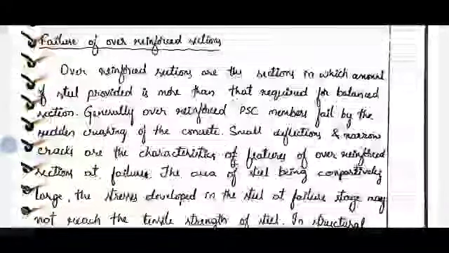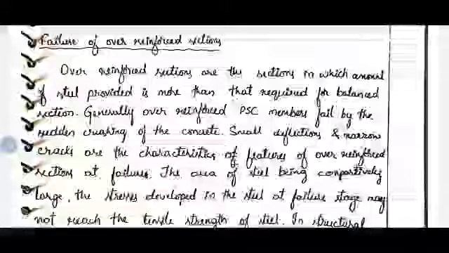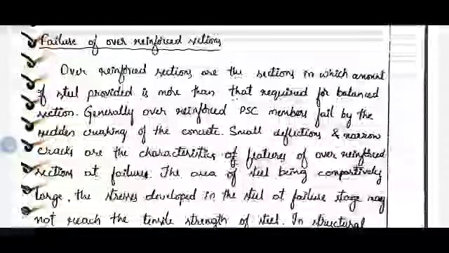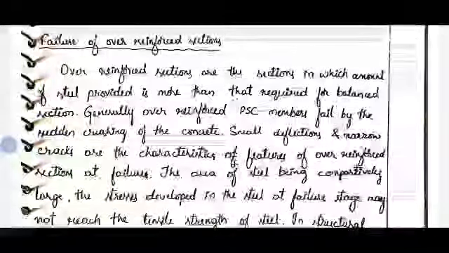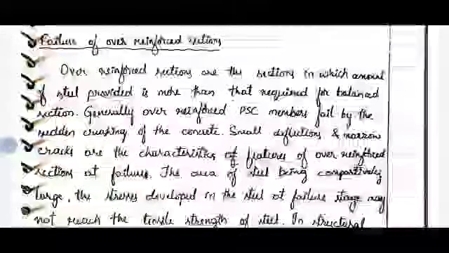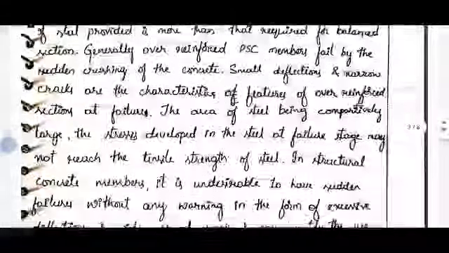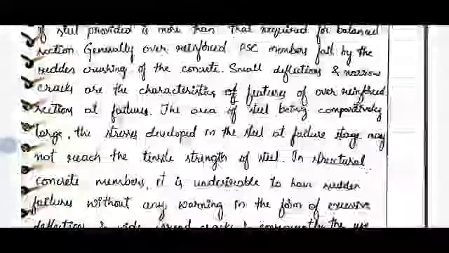There will be no deflection at all, or very small deflection, and very narrow cracks will develop. The area of steel is large when compared to the area of steel required for a balanced section. The stresses developed in the stages may not reach the tensile strength of the steel.